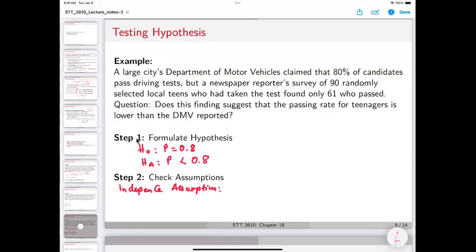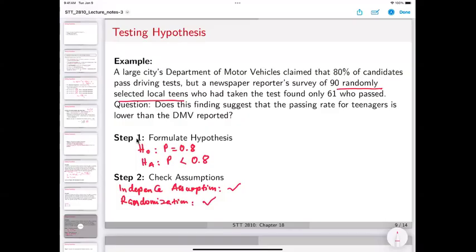So we can see that the independence assumption is satisfied, followed by randomization. And then we can see the problem even says it: the randomly selected local teams. Is that okay? So you can see that assumption is also satisfied.